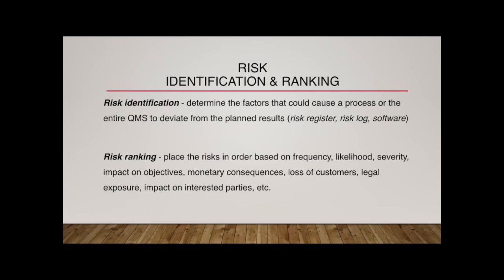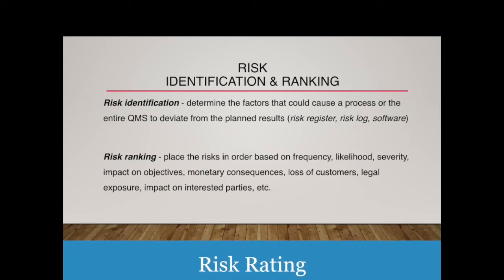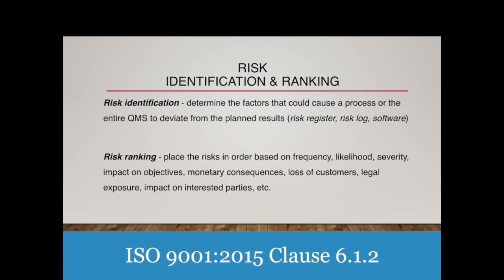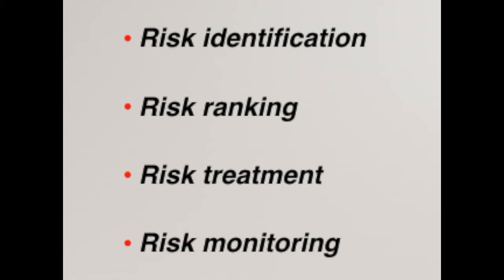The risk rating places the risks in order based on frequency, likelihood, severity, impact on objectives, monetary consequences, loss of customers, legal exposure, impact on interested parties, and other ranking criteria developed by the organization.